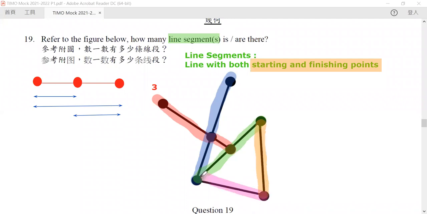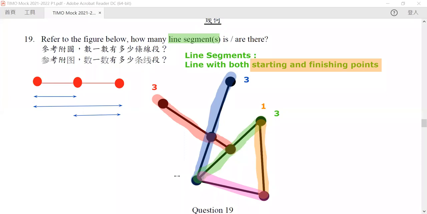So let us compute it one by one. For the blue line, if there are 3 points in here, there are again 3 line segments. For our green line, there are again 3 points in here. They will have 3 line segments. Now for our orange line, because there is only one starting point and one finishing point, it will have only 1 line segment.